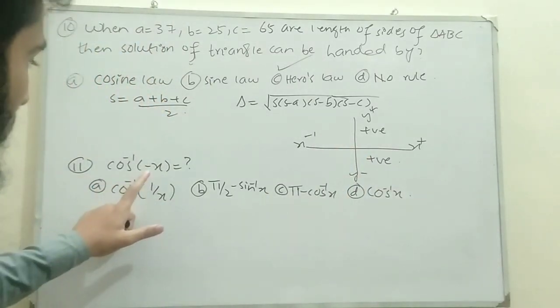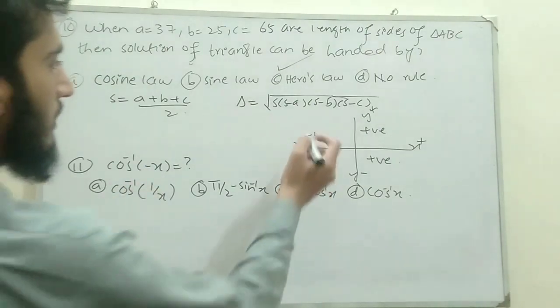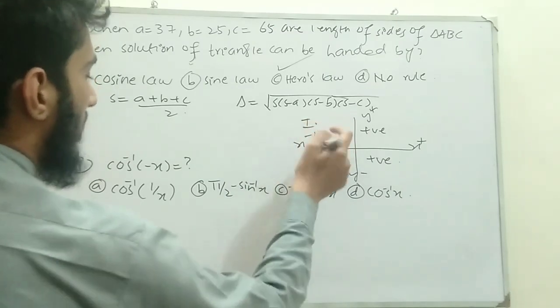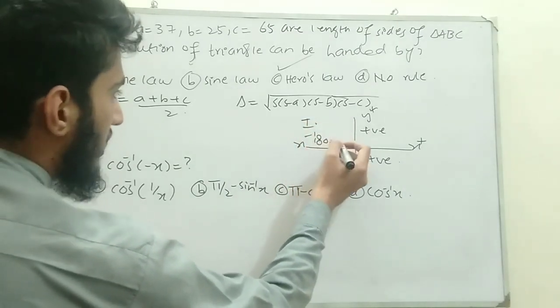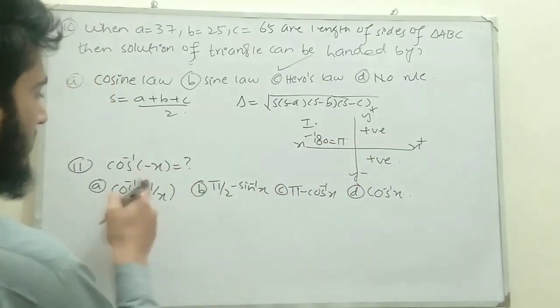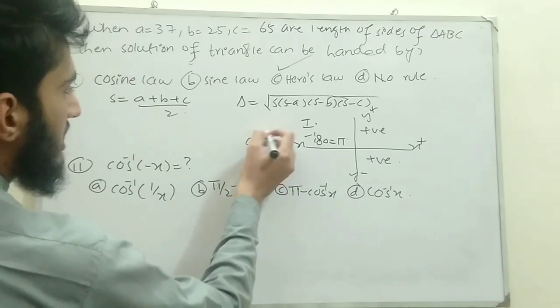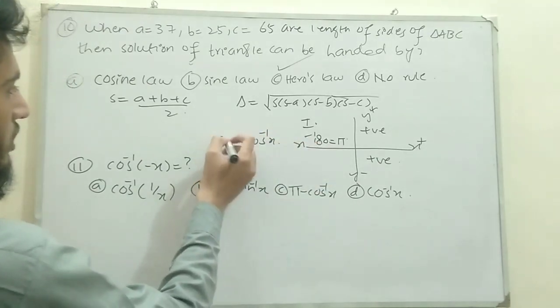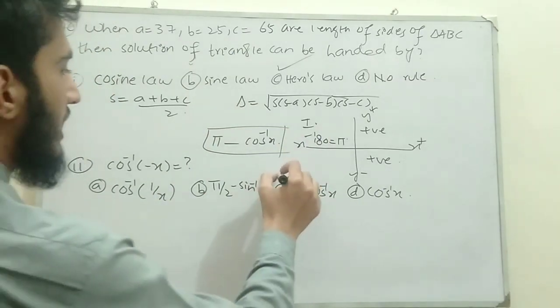They are talking about cos inverse of negative x, so it means that we will look in the second quadrant. In the second quadrant we have a total angle of 180, which is equal to pi. So we will subtract the given angle, which is actually cos inverse x, from pi. So the correct option will be option C.